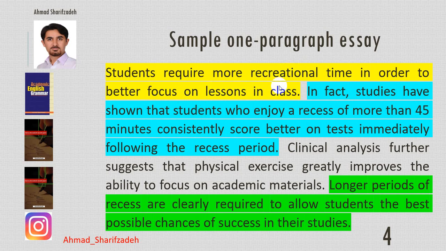Okay, and then we need two sentences, three sentences, four sentences in the middle. The number doesn't matter here. The important point is that the two or three sentences in the middle should prove this sentence right.